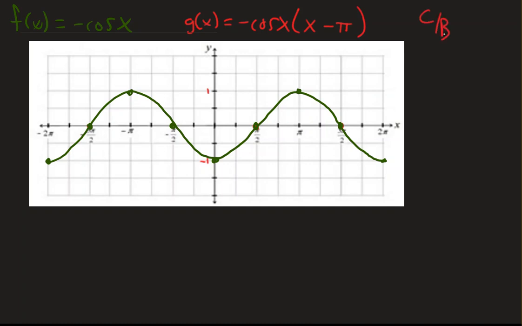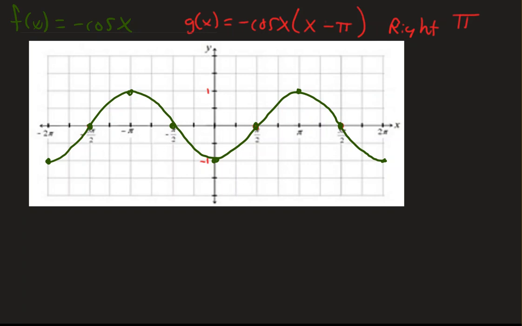Horizontal shifts are c over b, so c is pi, b is 1. So it looks like it's shifting pi over 1, which is pi. And then because this is subtract, it's going to go to the right.